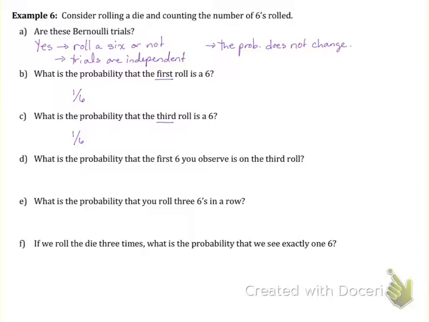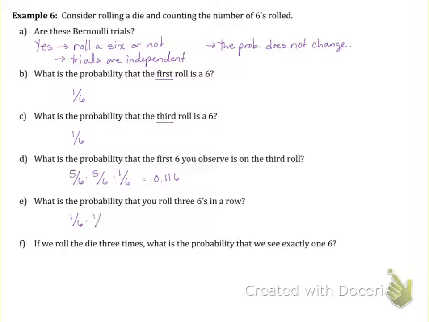Not seeing a 6 is 5 out of 6. So we would not see a 6 on the first roll, not see a 6 on the second roll, but then on the third roll, we would see our first 6. If you put this into your calculator, you'll get 0.116.